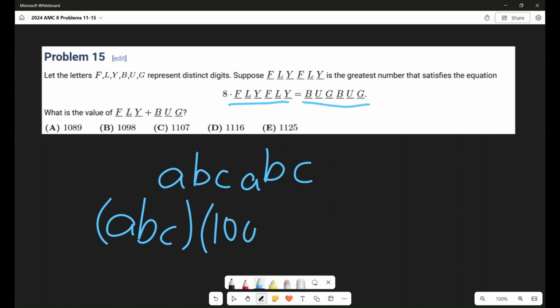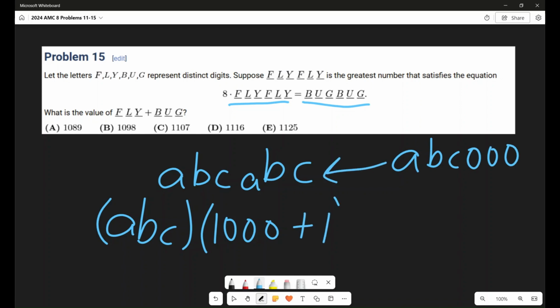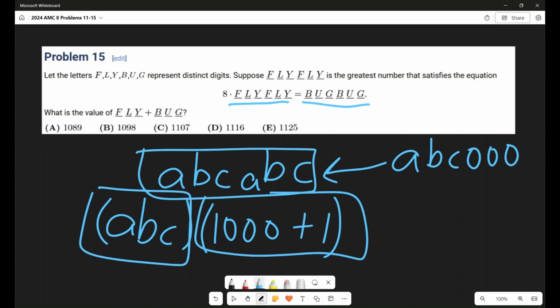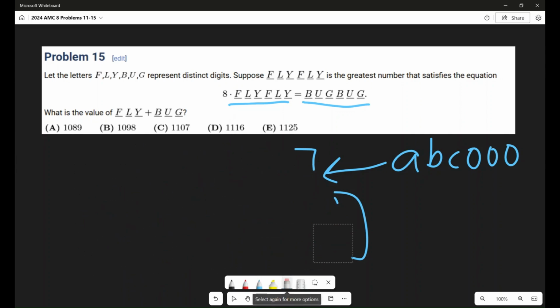Well, 1000 would give ABC000. So what do we need to get from there to here? Well, we need to add 1. So that means that this number was ABC times 1001. So now that we have that observation, let's go back to the actual question.